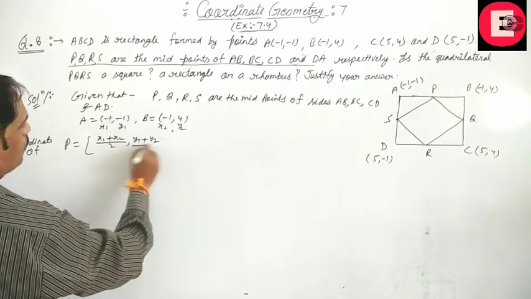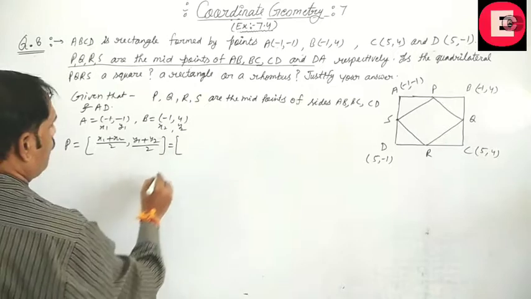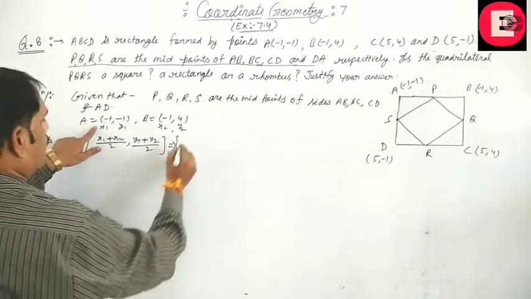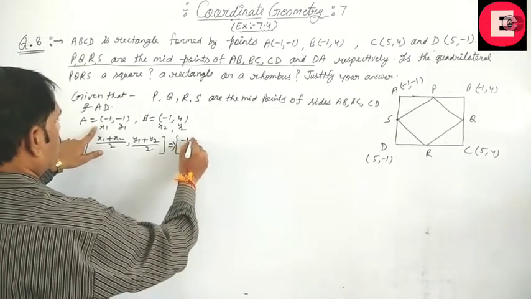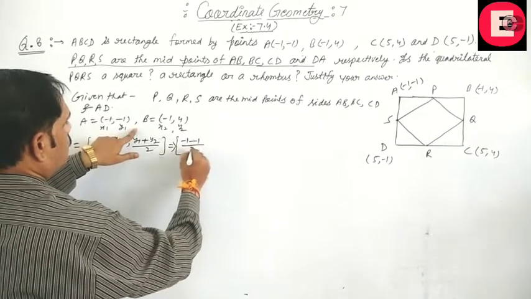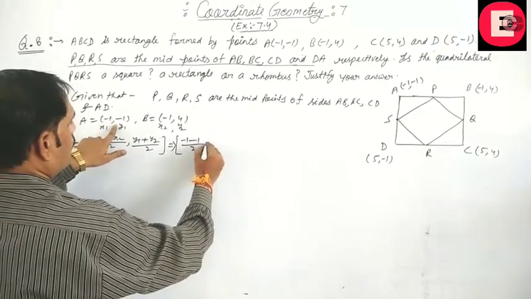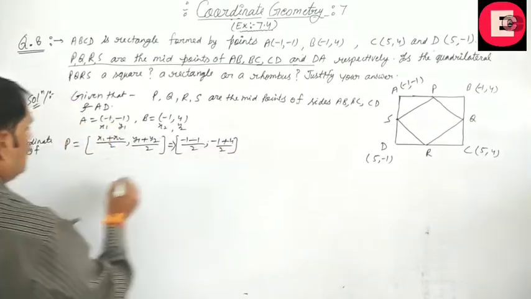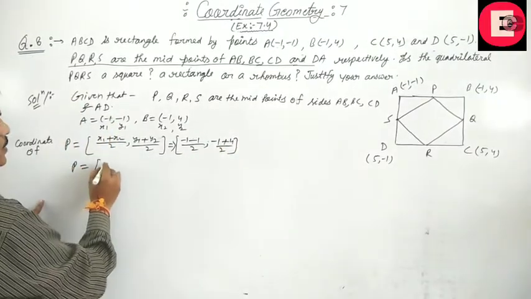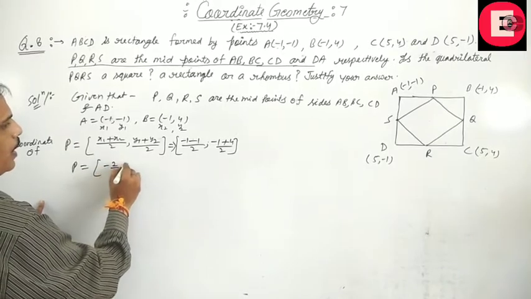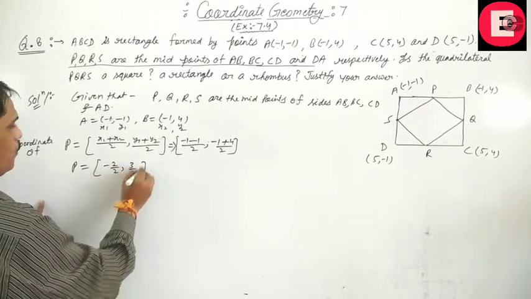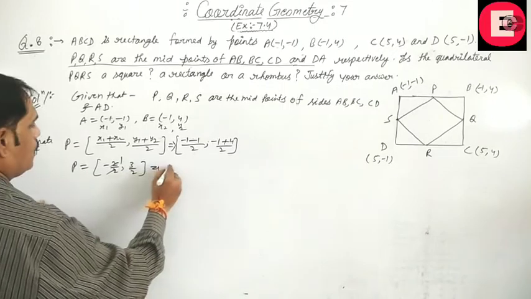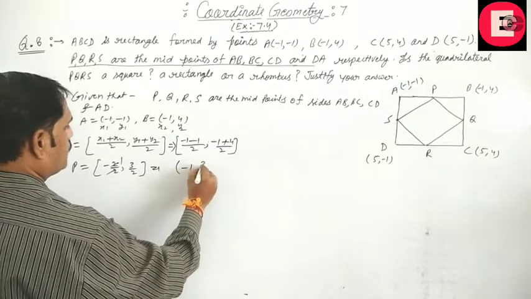Putting the values, x1 is minus 1 plus x2 minus 1, and y1 minus 1 plus 4 upon 2. Okay, so the coordinate of P is minus 2 upon 2 and 3 upon 2. After cancellation we get minus 1 and 3 by 2.